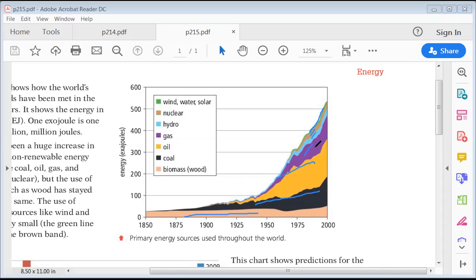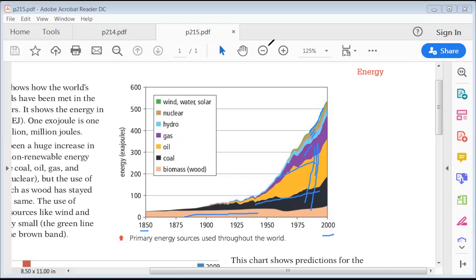So the three sources of energy, gas, oil, and coal, increased over time from 1850 till 2000, these are the years. Here they increased by this amount, okay?